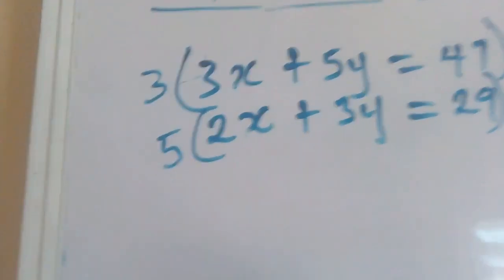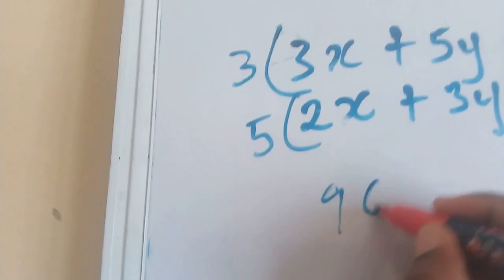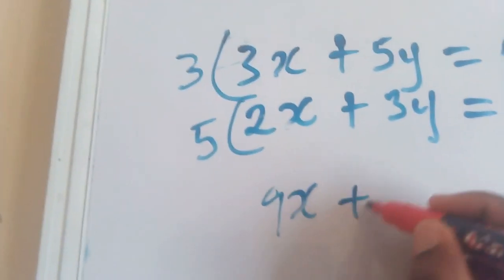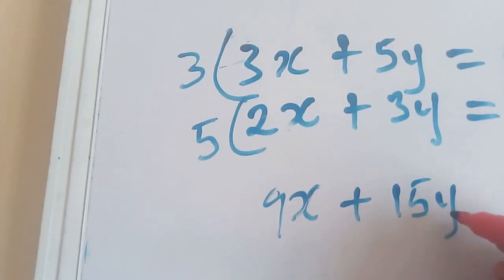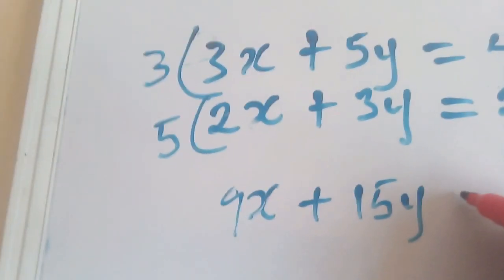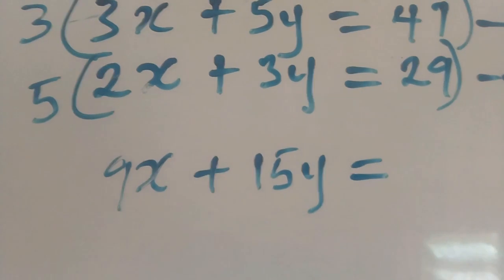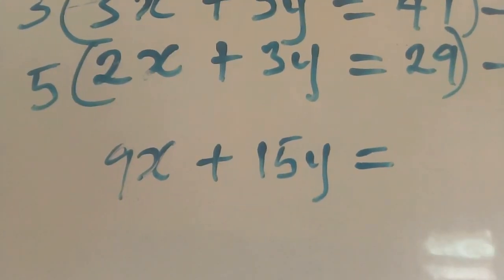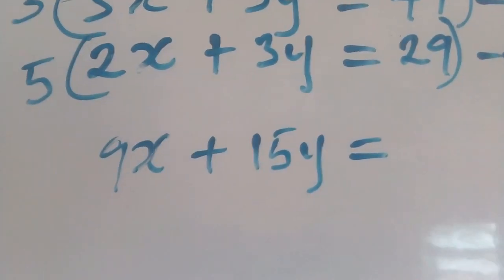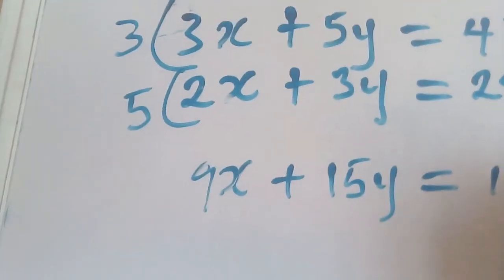So the new equation will be 9x plus 15y, that's 3 times 5y is 15y, equals 47 times 3. That will give us 141.